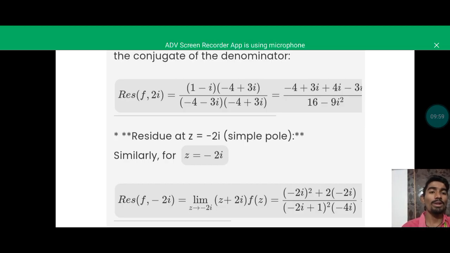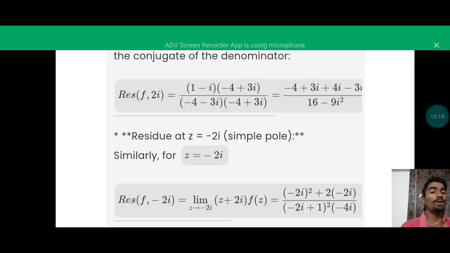And after that, with the same process, we find the residue at z equals minus 2i. We write the formula: residue of f at minus 2i, limit z tends to minus 2i of (z plus 2i) f of z.